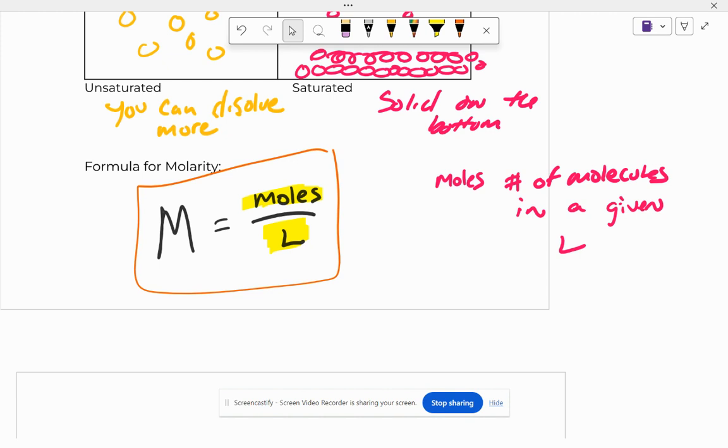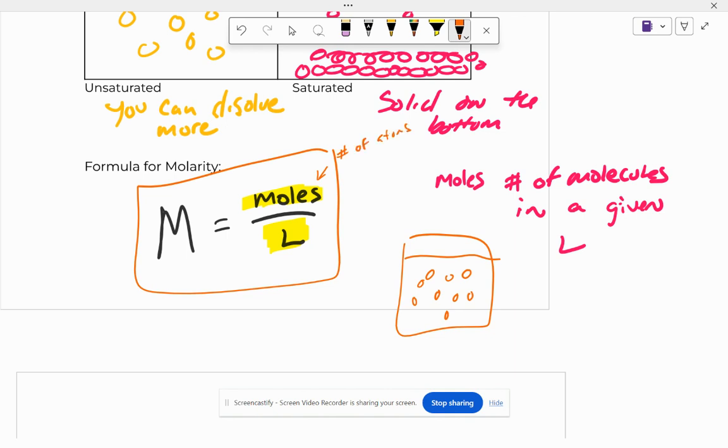In terms of molarity, you have a glass of water, and when you start adding sugar to it, you're introducing the molecules that are floating around. You're introducing a number of atoms, which is the moles.